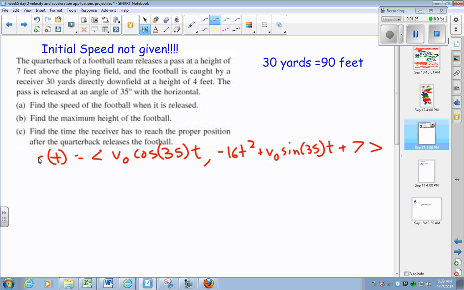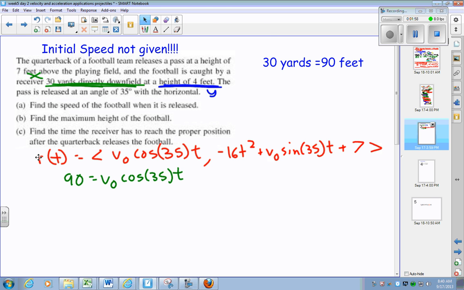Okay. Well, it gives us a couple pieces of information. It tells me that it is caught 30 yards directly downfield. That's your x. And it's also saying at a height of 4 feet. So because we have the x component and y component and we separated it out, we can actually extract that out and say not 30 yards, but 90 feet has to equal v naught cosine 35t.